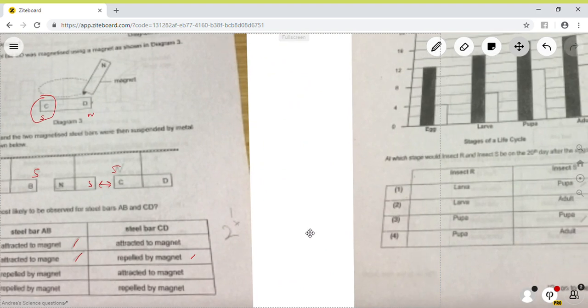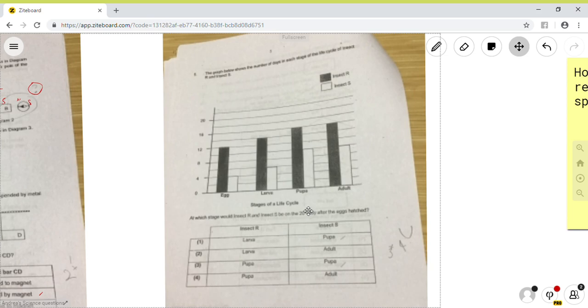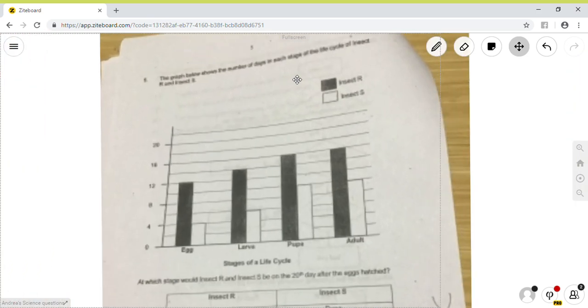Okay, let's see the other one. Number of days in which each stage of the life cycle of insect.